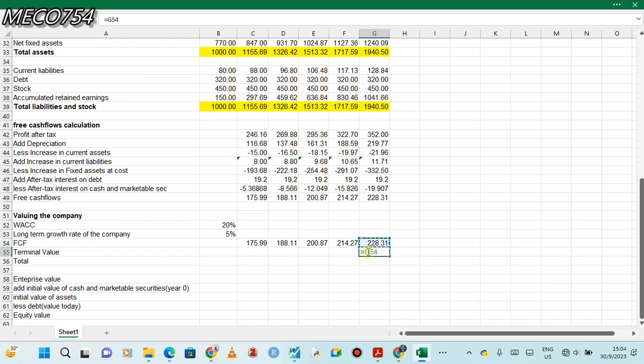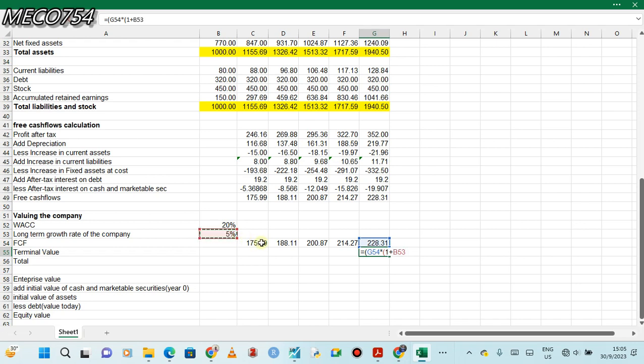Okay, I'm going to put everything in brackets now so that it makes sense. It's a fraction, so the denominator and the numerator are going to have different brackets. For the numerator, it's our free cash flow multiplied by the expected growth rate of the company, which is 1 plus our growth rate.